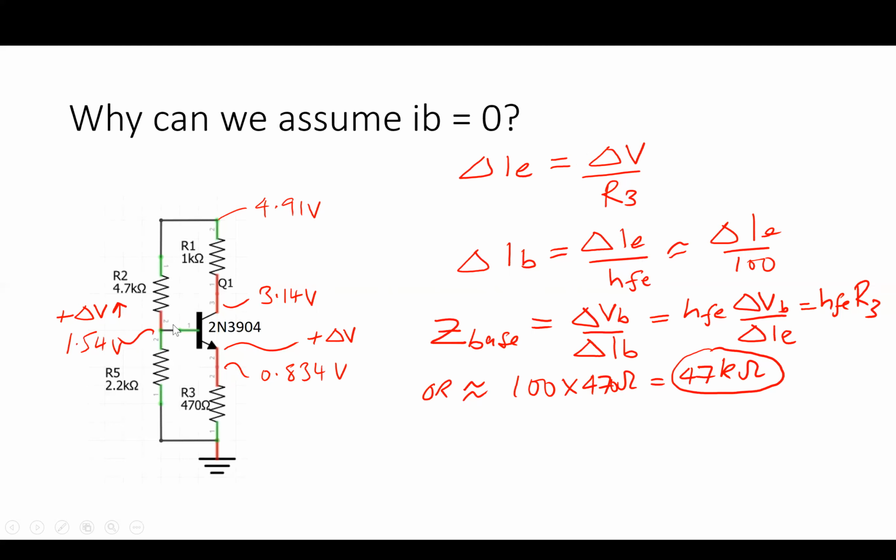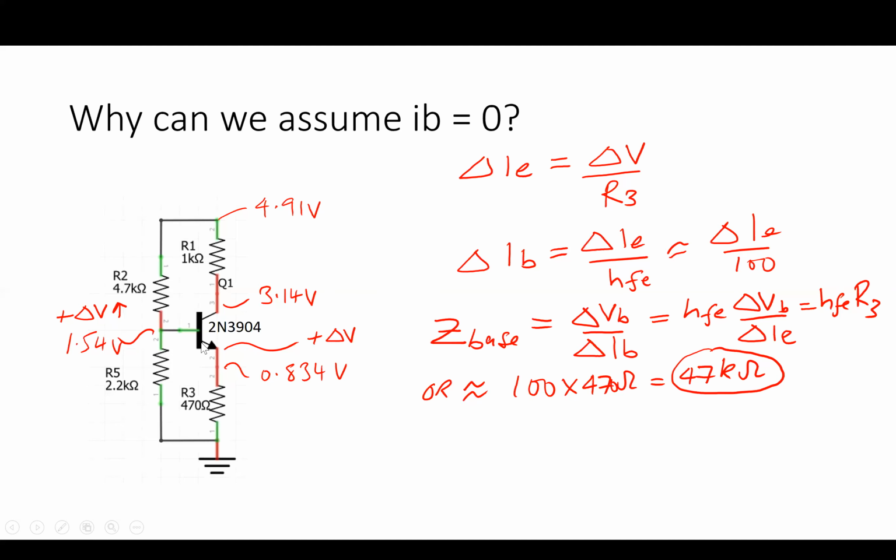So if I apply a small voltage increase to the base, it will appear on the emitter. However, the current taken by the base is going to be just 1/100th of the current flowing through here, because that's what the current gain is. So it'll be the emitter current divided by 100.